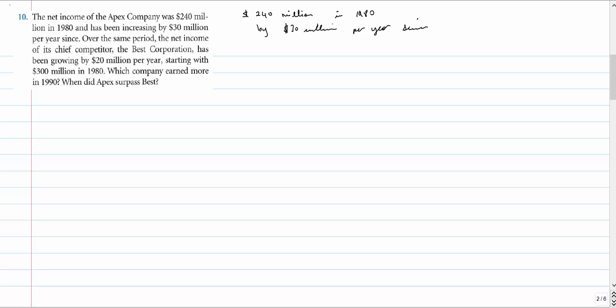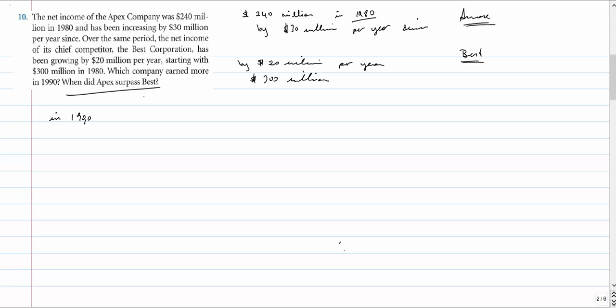Let's summarize what we know. Over the same period, the net income of its chief competitor, the Best Corporation, has been growing by 20 million per year, starting with 300 million in 1980, same time. Which company earned more in 1990? And when did Apex surpass Best?